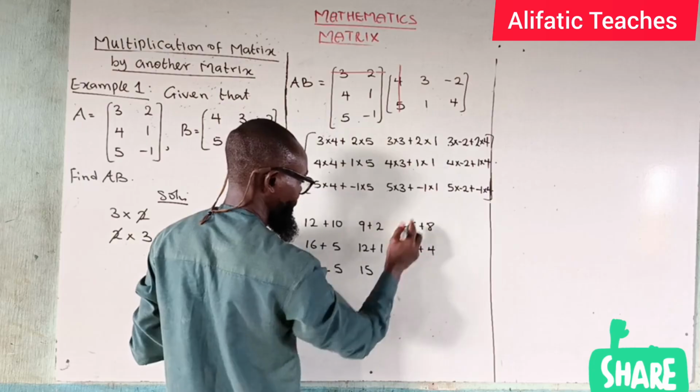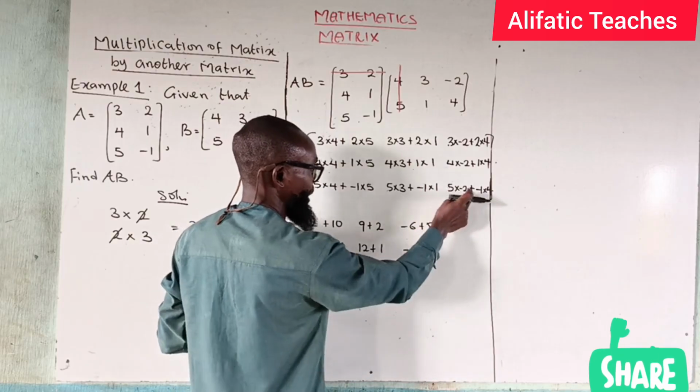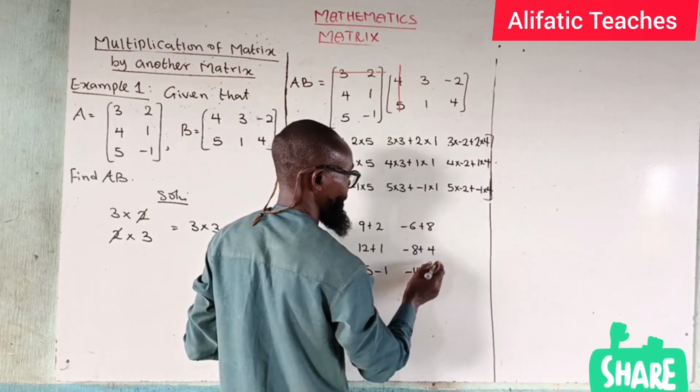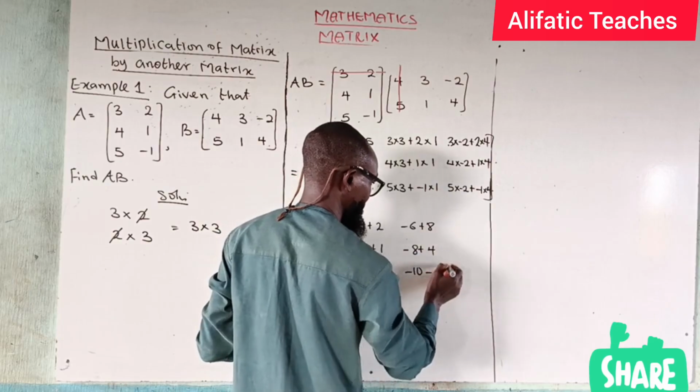Minus 1 times 1, minus 1. 5 times minus 2, minus 10. Minus 1 times 4, minus 4.